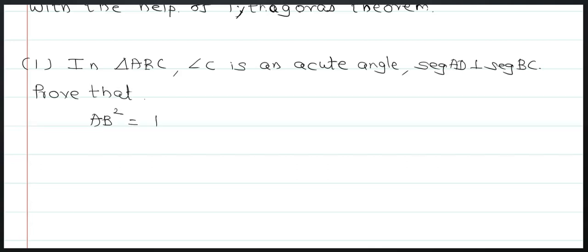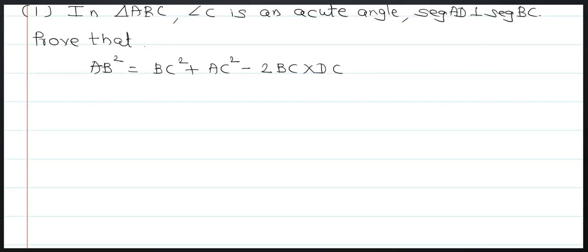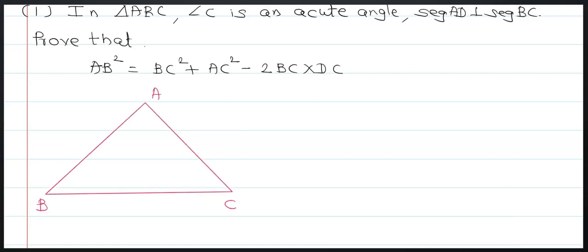Then prove that AB square is equal to BC square plus AC square minus 2BC into DC. This is what we want to prove. Now see this here. This is the triangle ABC, and AD is the perpendicular to BC.